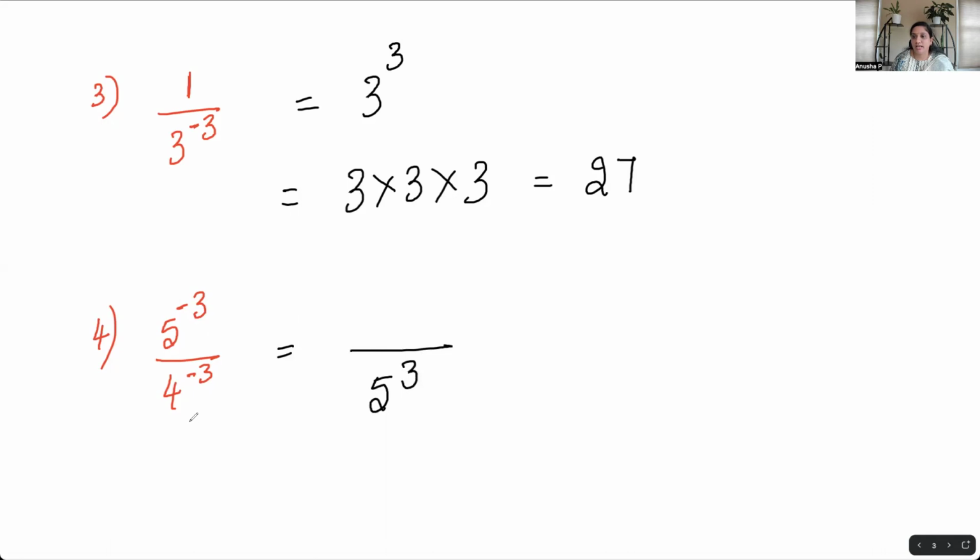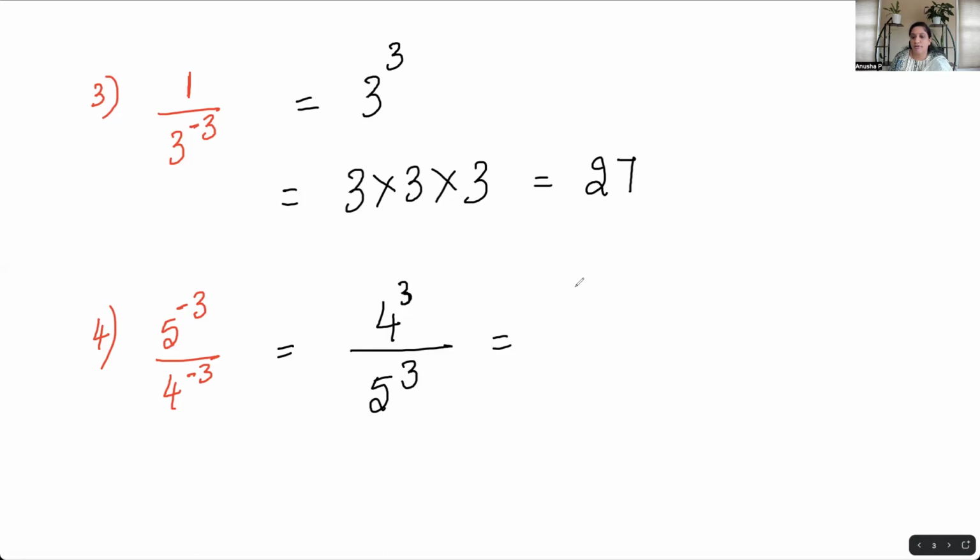Again, the denominator has 4 to the power of minus 3. You bring it to the numerator to become 4 to the power of 3. So we are writing it as 4 to the power of 3 on top and 5 to the power of 3 on the bottom.